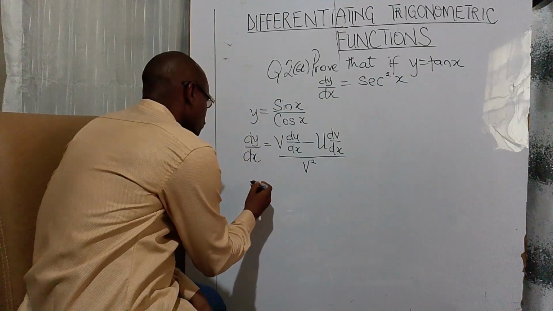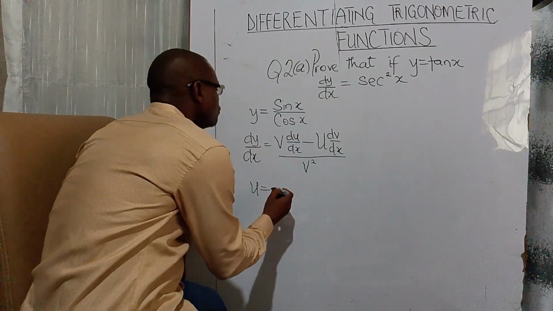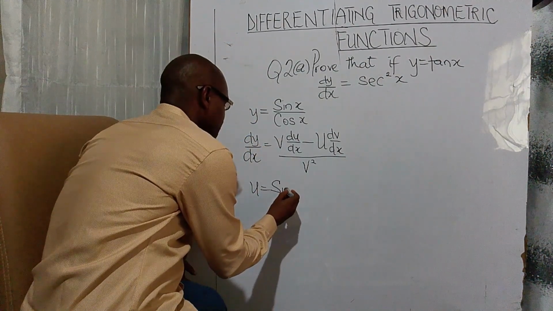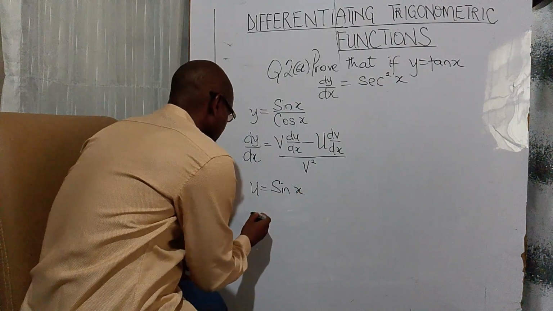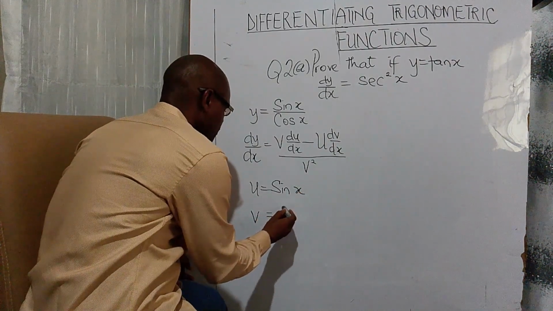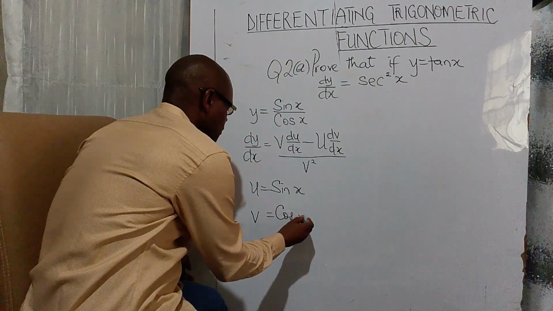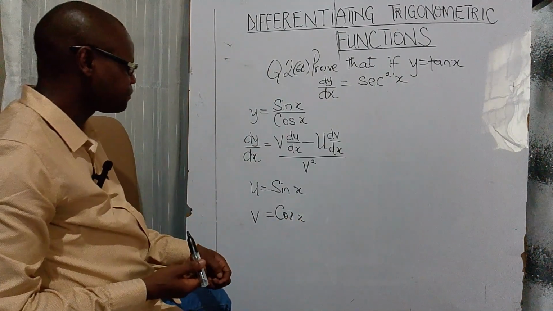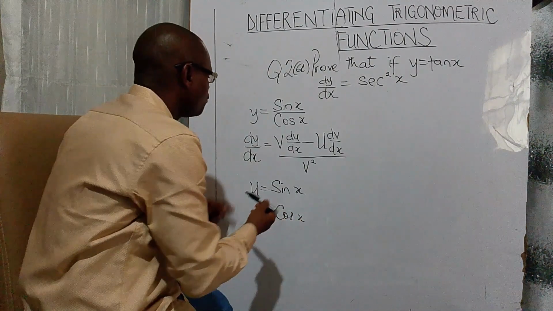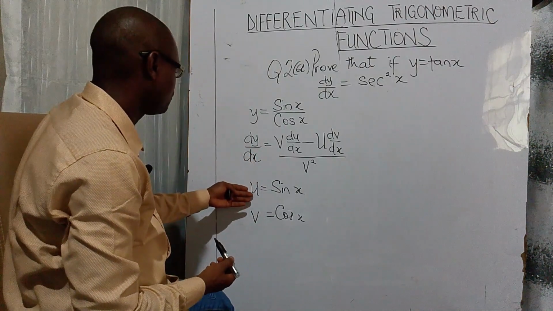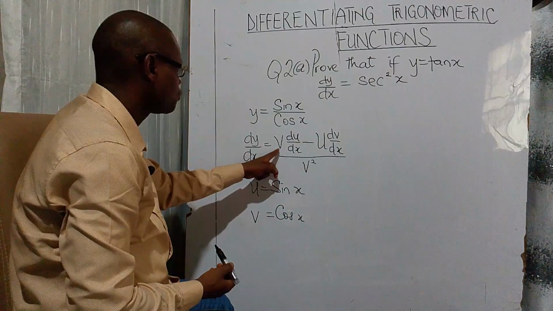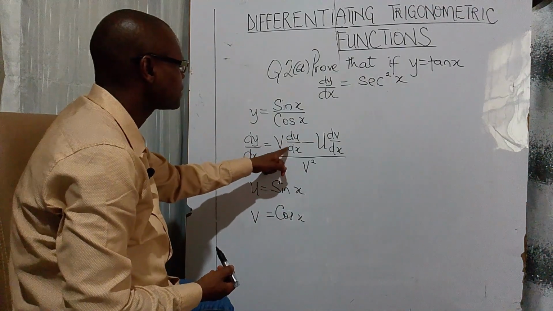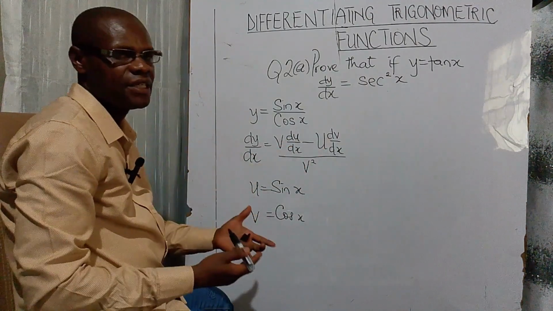So our numerator stands for u, our denominator stands for v. So we can have u to be sine x, and we have v to be cos x. So we have an expression for u now, and we have an expression for v. So we need to determine du dx and dv dx.